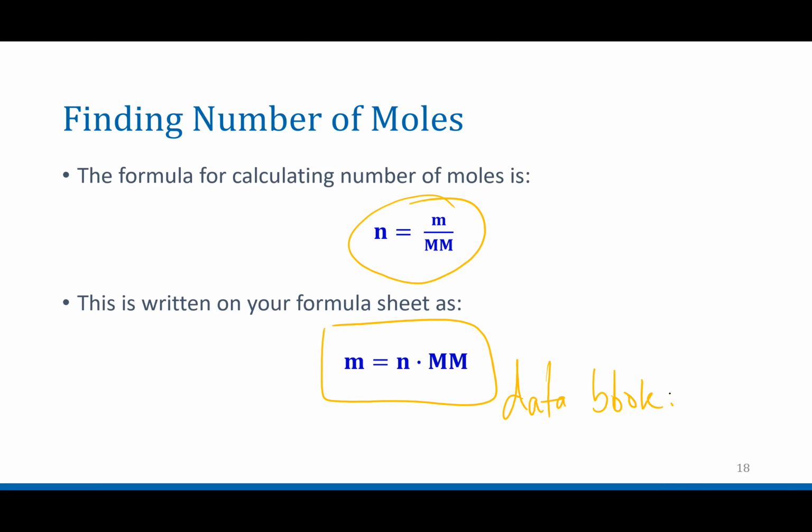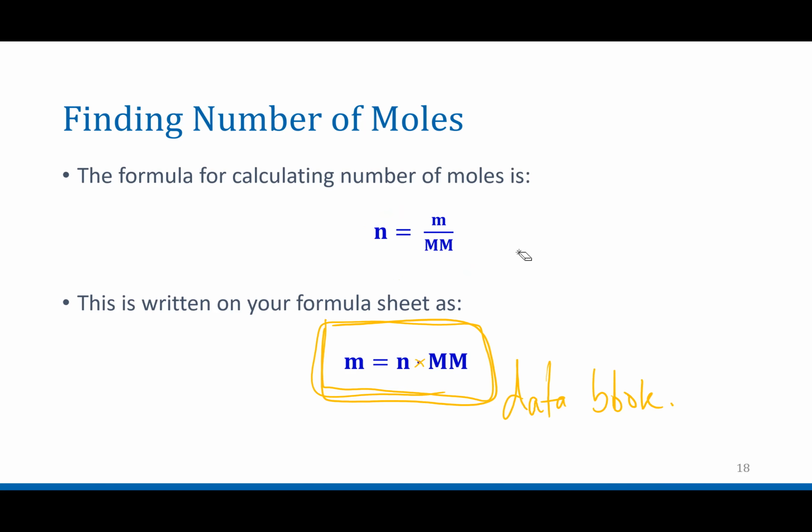So as I mentioned yesterday, you guys are expected to know how to rearrange these formulas. So the formula is the number of moles is equal to the mass of your element, or compound, I should say, divided by the molar mass of that compound or element. It could be either or. In your formula sheet, it's written like this, that the mass of your chemical is moles times molar mass.